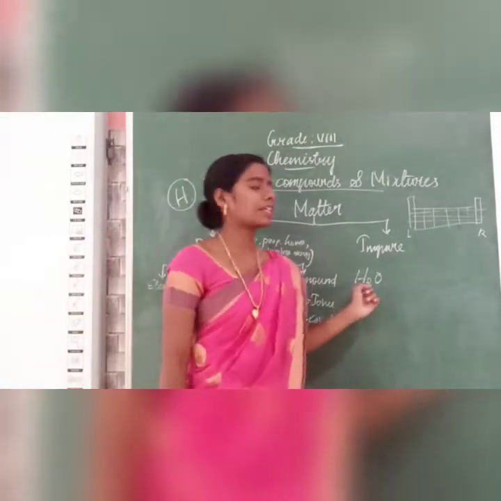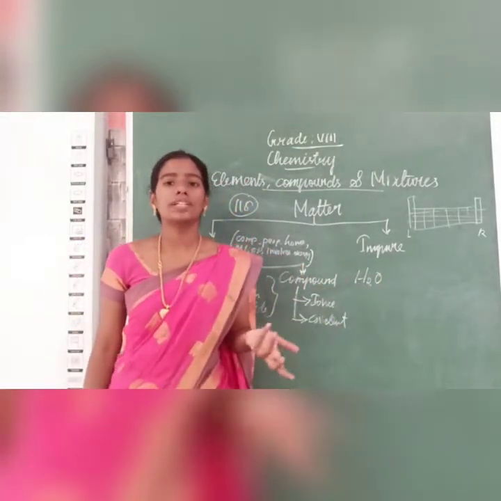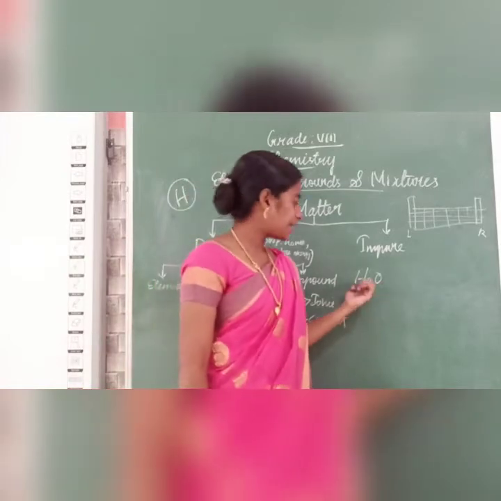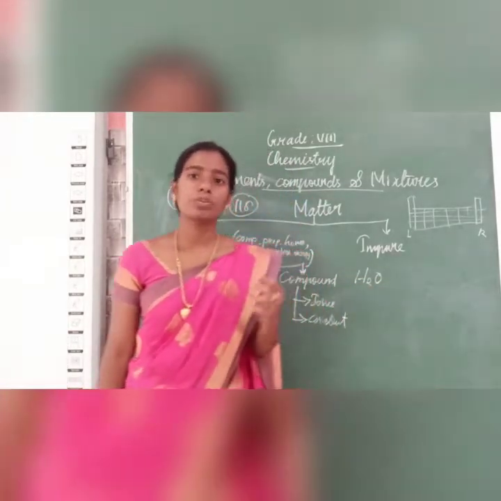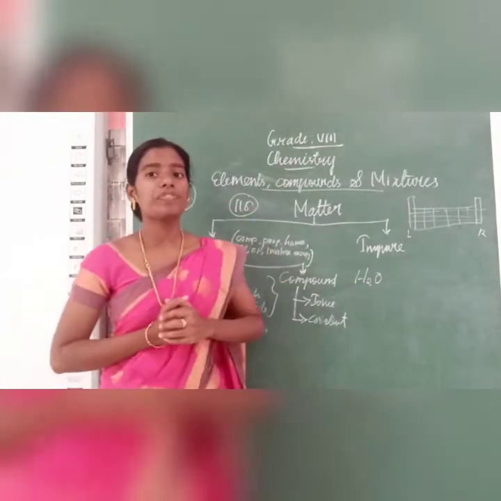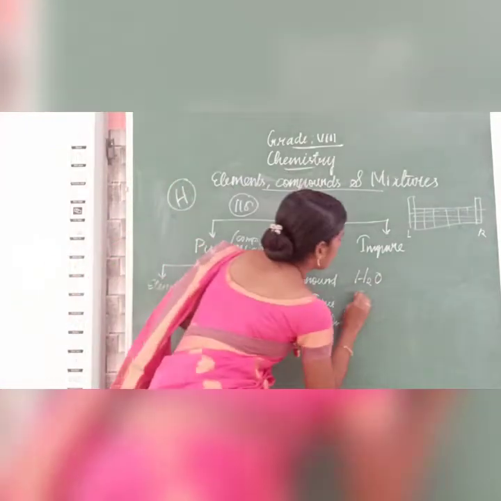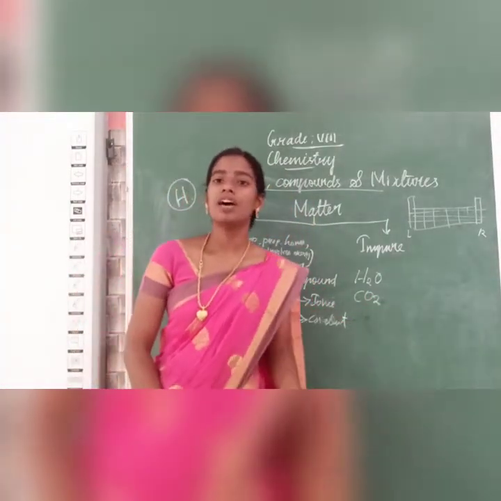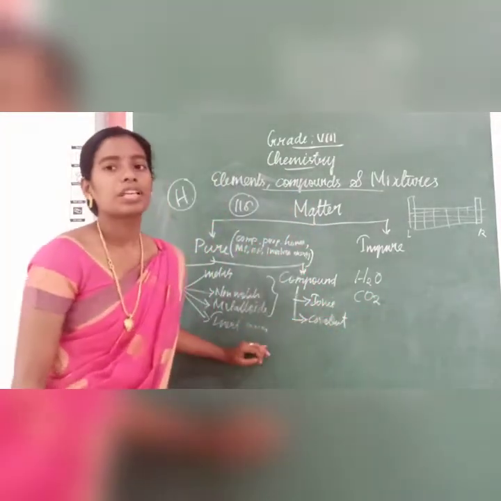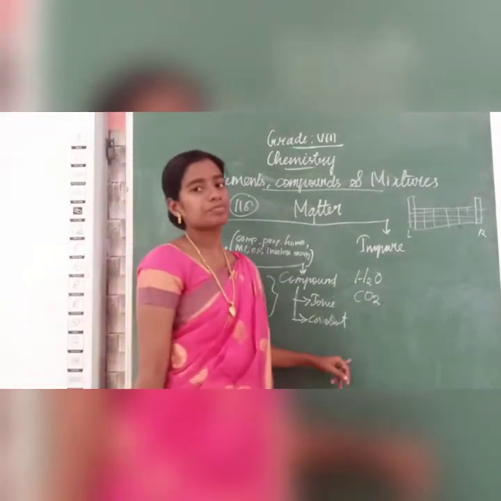Here, this is an example for compound. Water molecule. It has a hydrogen atom and an oxygen atom. When we consider this compound, it has a combination of elements. Another example, carbon dioxide. Carbon atom and oxygen atom. It's a compound. Can you say some other examples?